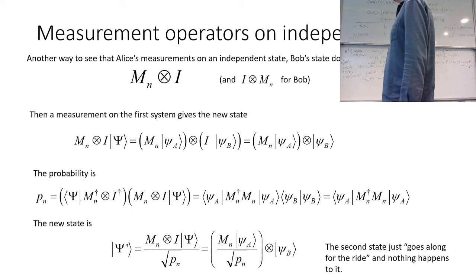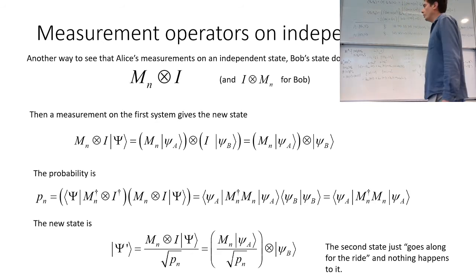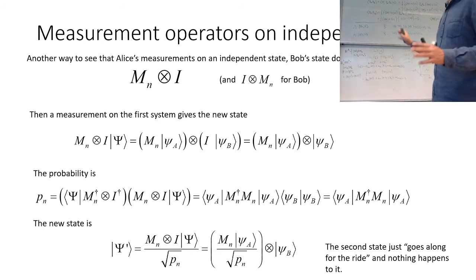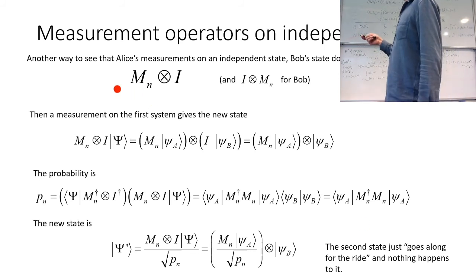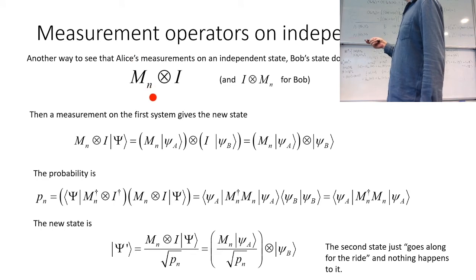Well, this is a more general way of saying the same thing. If I'm only making a measurement on Alice, then the operator would be like this. If you follow this, you can show that the final state only achieves a measurement on Alice, and Bob's state is unchanged.